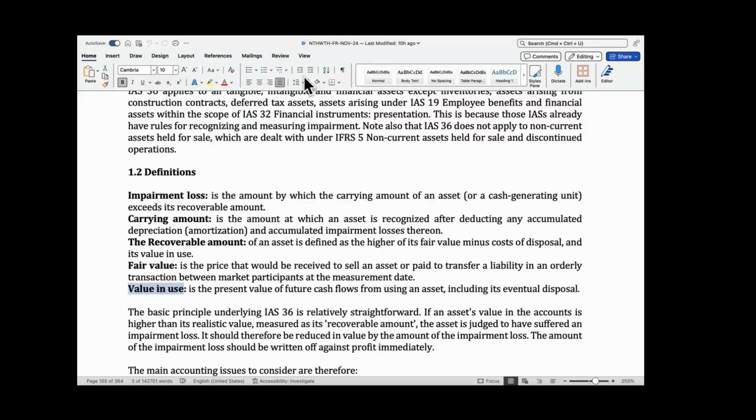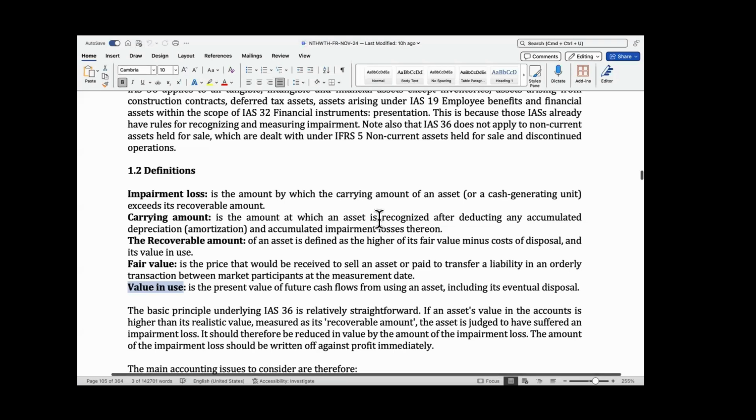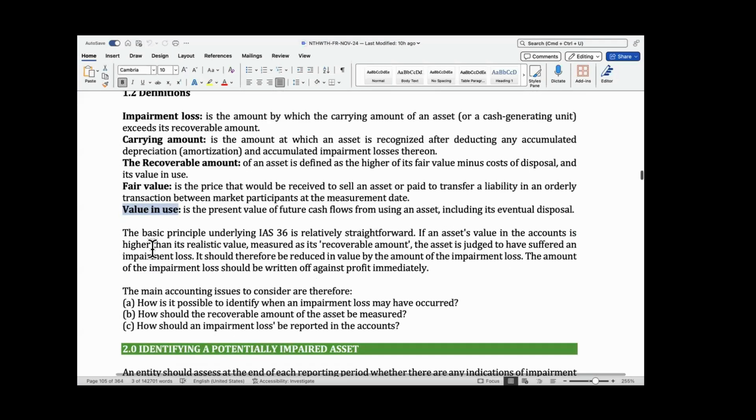That is why they say that if that is happening, it means that there's an impairment loss. Write it off to P&L. It's an impairment loss. Write it off. We don't want that. And that's all we want to learn here. How do we do that? So, again, the basic principle underlying IAS 36 is straightforward.